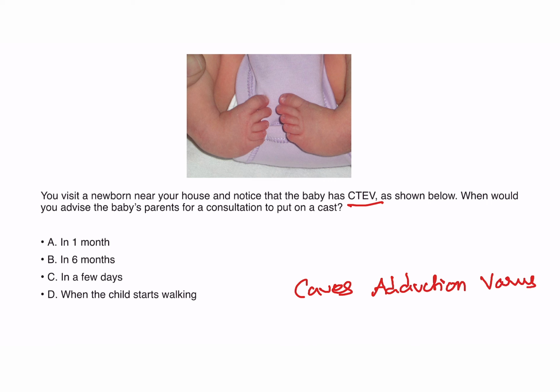Varus is inversion, supination, and varus. And then at last you will correct the equinus. If the equinus is not correctable with just molding, then you may need an Achilles tenotomy. So that's my way to go, and it should start as early as possible. So my answer is in a few days.